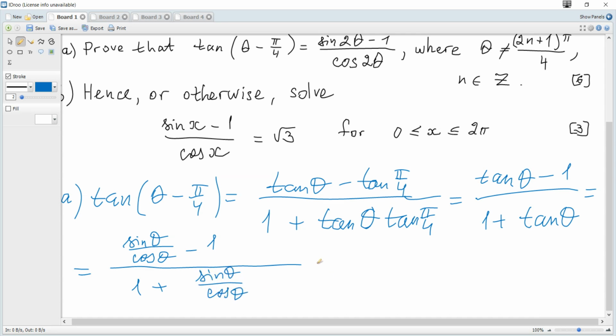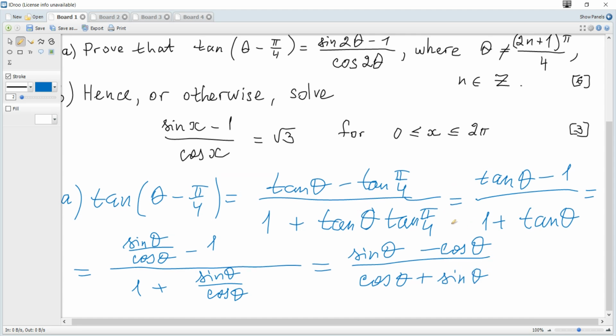And then we can do what? We can make common denominators in the numerator and in the denominator, or it's the same as to multiply every term in the numerator and every term in the denominator by cosine to get sine minus cosine divided by cosine plus sine.